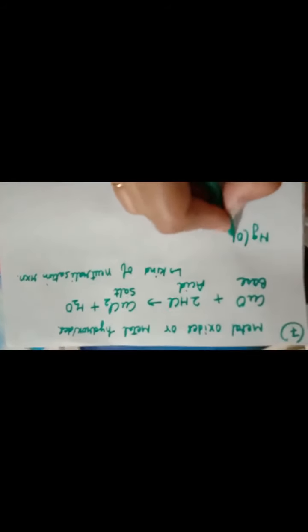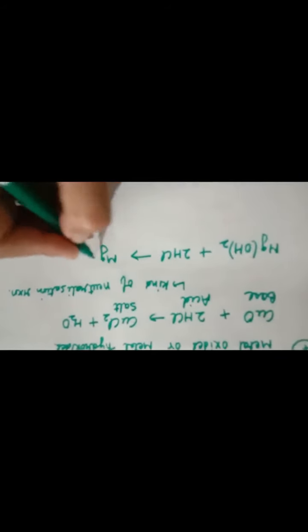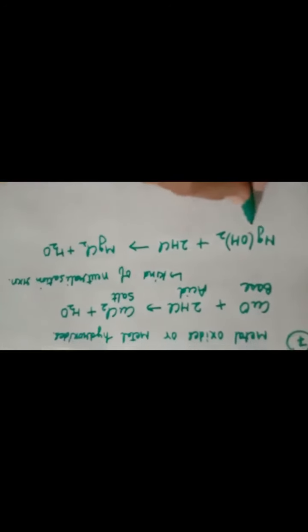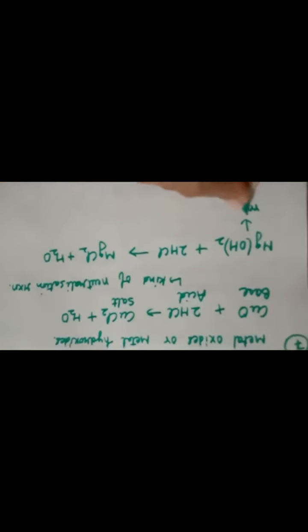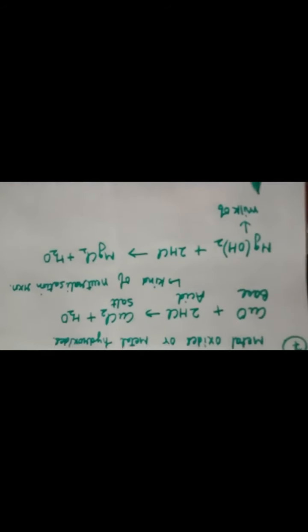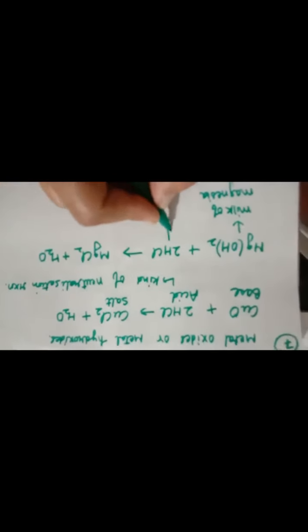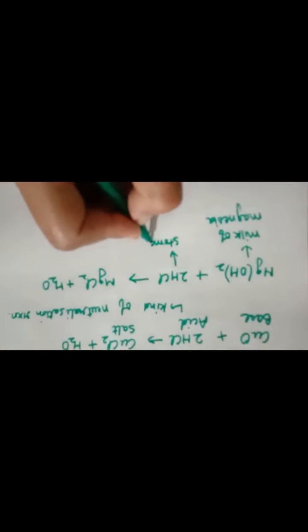Another example is of metal hydroxide. For example, we have done Mg(OH)2 plus 2HCl that gets converted into MgCl2 plus H2O. So this Mg(OH)2 is called milk of magnesia. That acid is in our stomach.